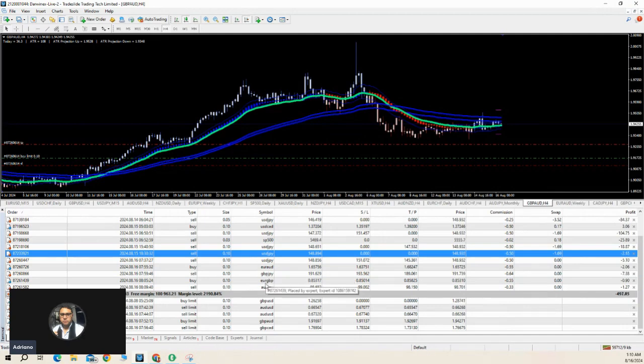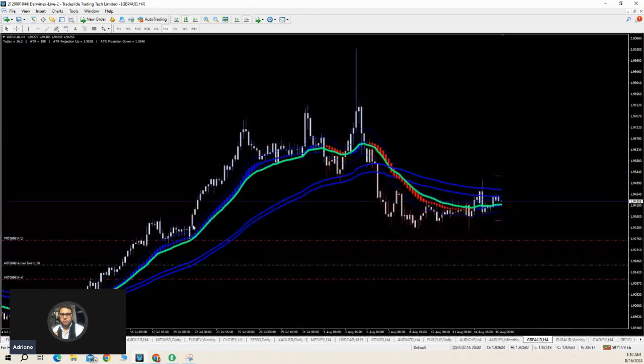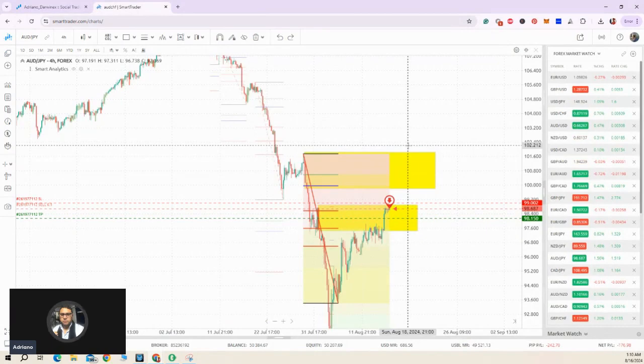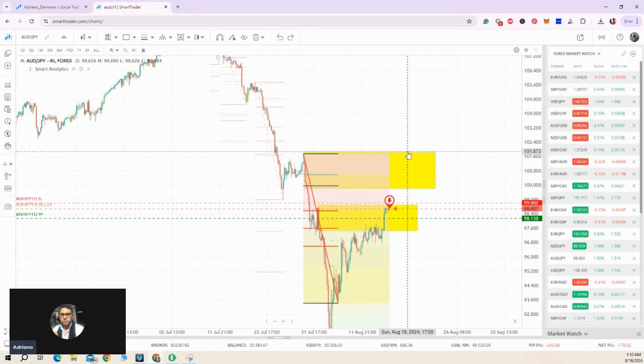AUD Euro, GBP, GBP JPY, Euro AUD. So let's get more trades. Maybe we can do 12 or 15 more trades. I don't like to go past more than like three standard lots, which is going to be 30 trades.